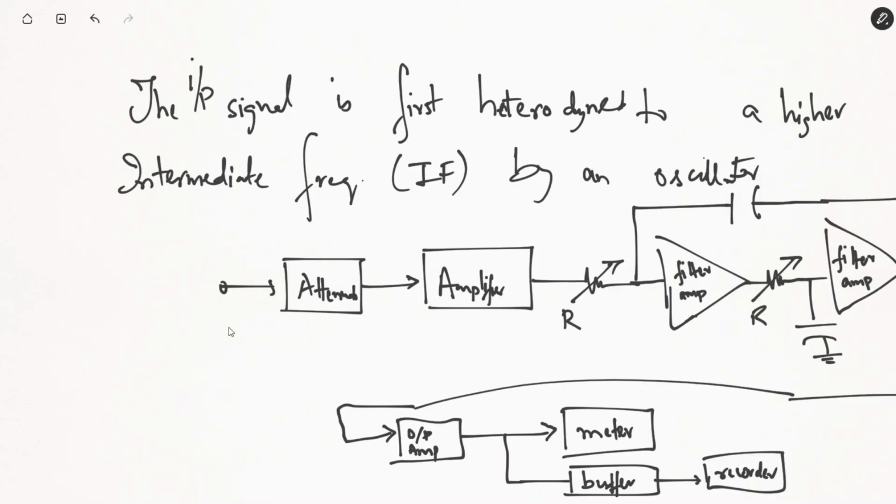So the only difference in case of AF wave analyzers from a normal wave analyzer is that the workable frequency range of your RC filter is 10 kilohertz to 18 megahertz. So as to make sure that your audio frequency is within that limits, an oscillator is used that makes sure that your input signal is heterodyned to the workable intermediate frequency range of the RC filter.